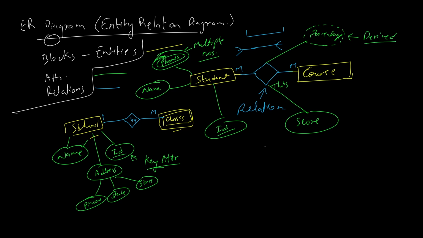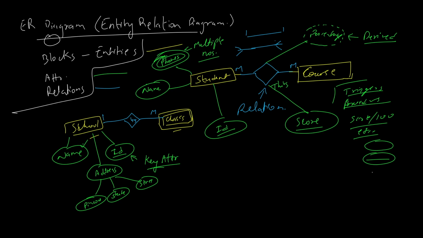Derived attributes are not given a value directly. Through triggers or procedures, you can give them the value by calculating through the other attributes, like the percentage would be score divided by 100. That's how the attributes work. These are the four kinds of attributes: normal, key, multi-valued, and derived.